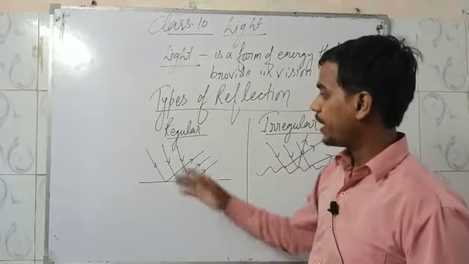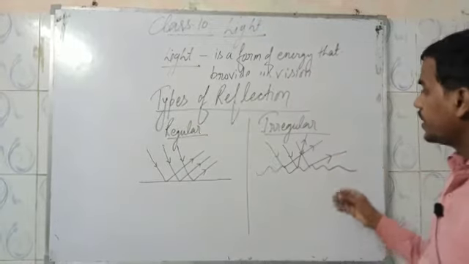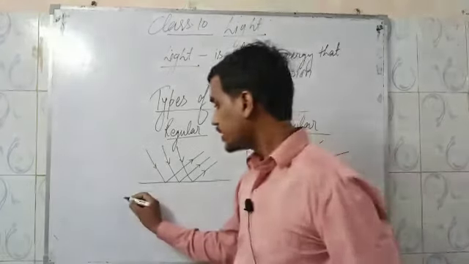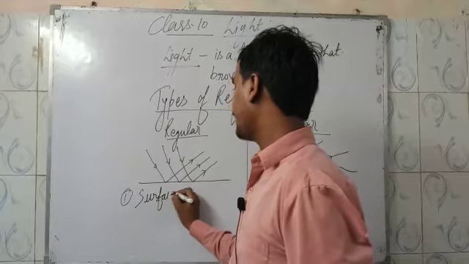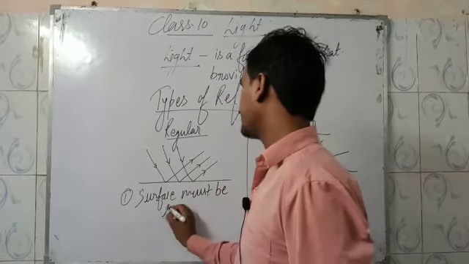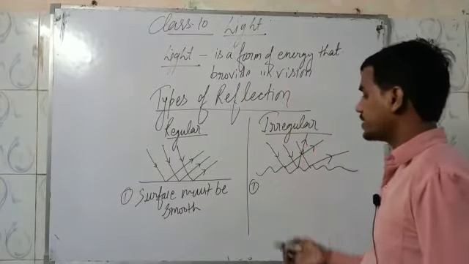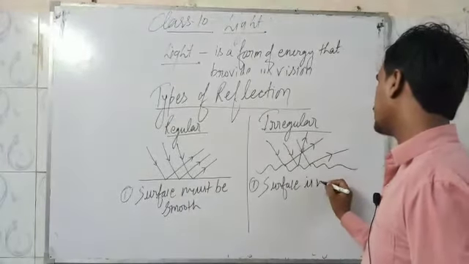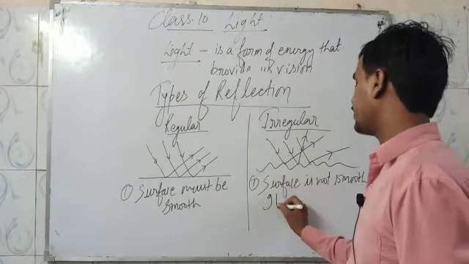In regular reflection the incident rays go parallel after striking, and in irregular reflection the rays do not go parallel to each other. Conditions: for regular, the surface must be smooth, and for irregular, the surface has irregularities. The surface is not smooth.